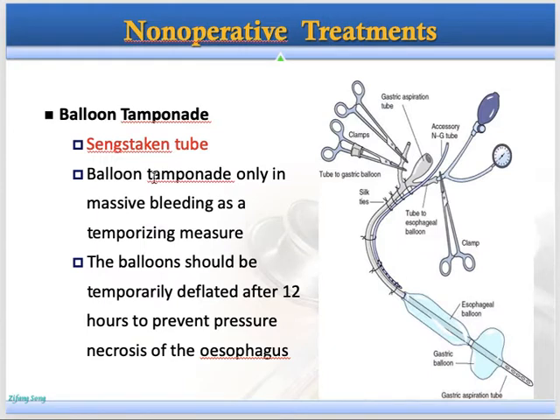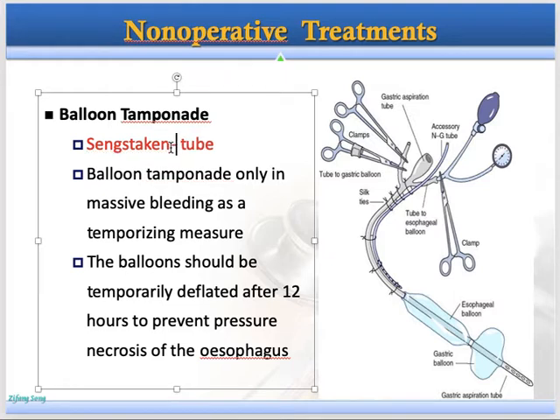If the bleeding cannot be stopped by that, then we can put a Sengstaken-Blakemore tube.